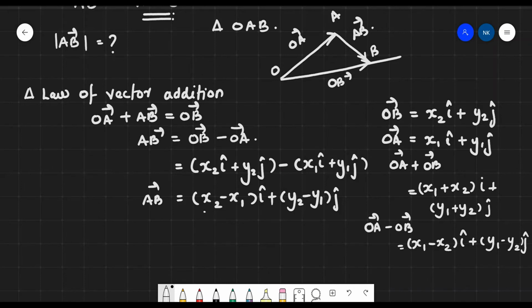Now here this is the coefficient of the vector component along the x-axis, and here this is the coefficient of the vector component along the y-axis.